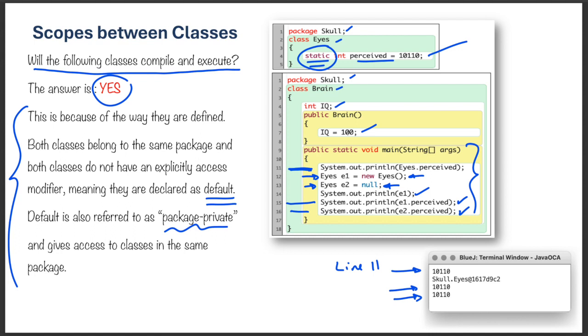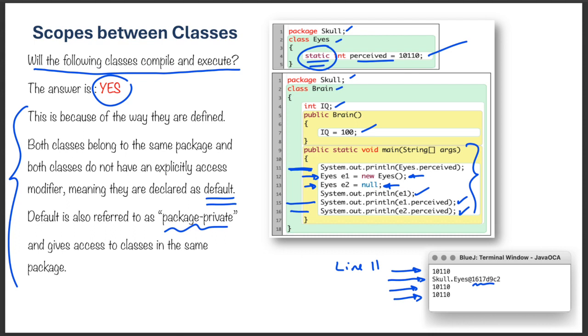And when we print just the object e1, we get the class it belongs to, which is the fully qualified name, including the package, skull.Eyes, at, and then we have a reference value, which represents its location in memory.